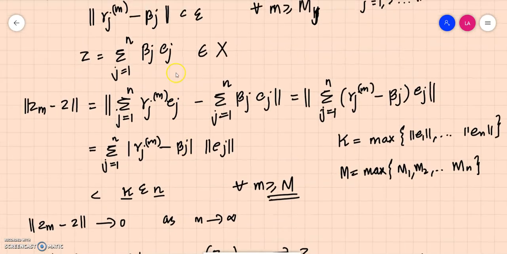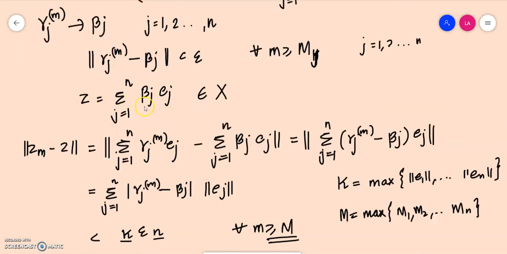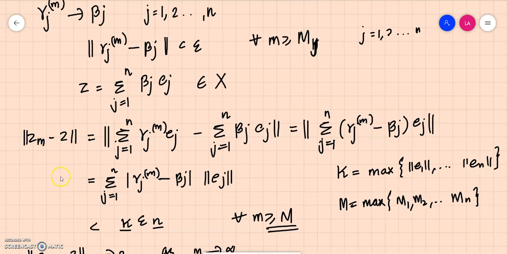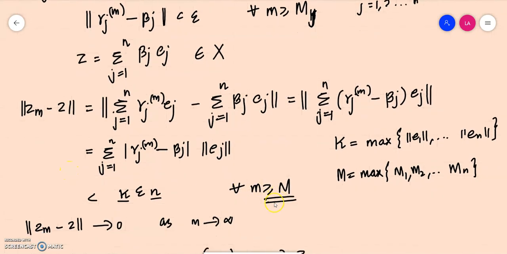And we define a new term z as the summation j equal to 1 to n of beta j ej, where beta j are the limits of the corresponding subsequences. We will prove that our subsequence zm converges to z, and z is a point in capital M because zm is a sequence in capital M and M is closed.